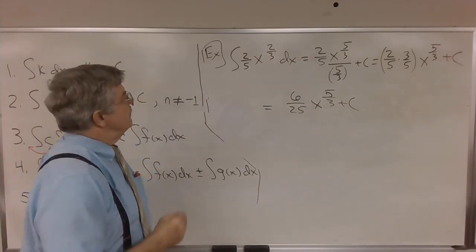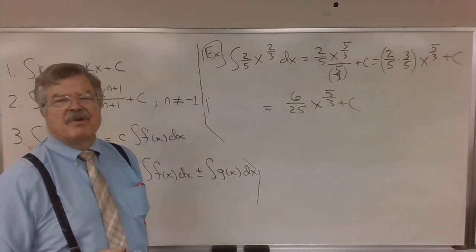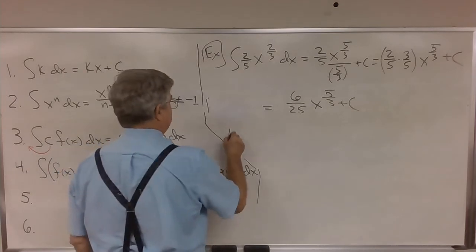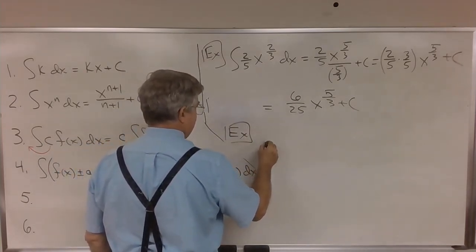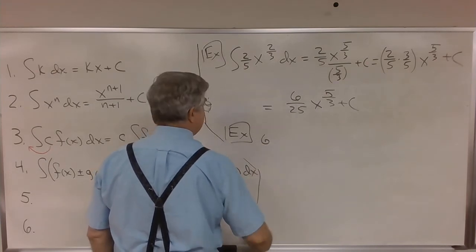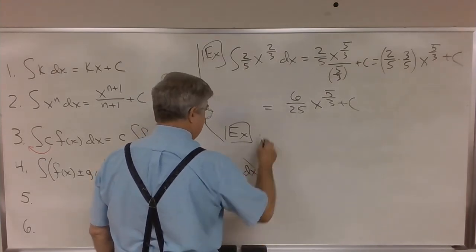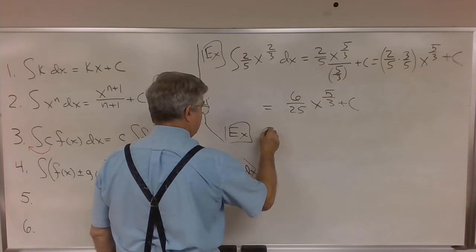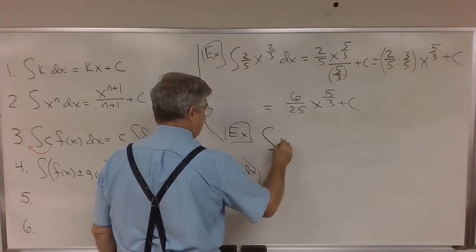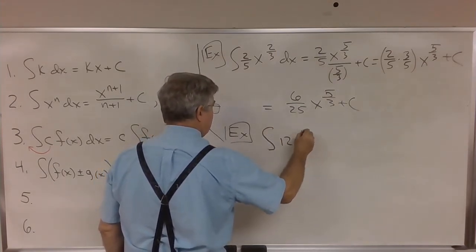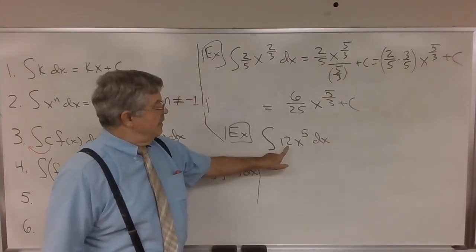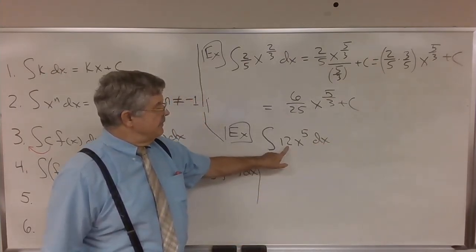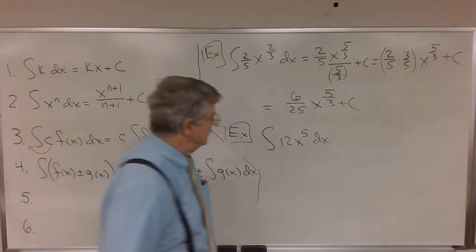I'm getting weary of this. Let's do something with whole number exponents again. Antiderivative of a constant times a function.